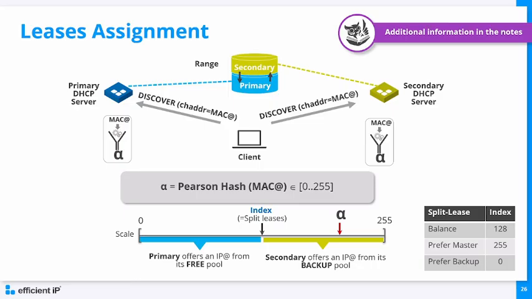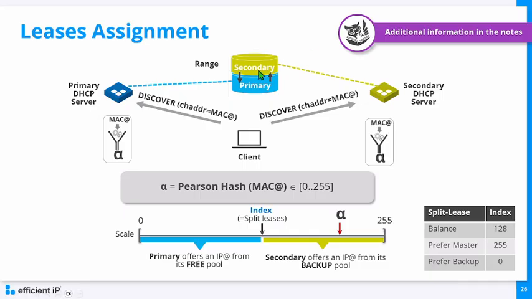So 1 to 128 is for DHCP server 1, and 129 to 254 is for DHCP server 2. Half will be given to the primary, the other half to the secondary, so the range of IP to be offered is split equally between primary and secondary.